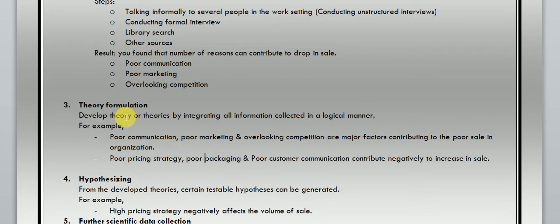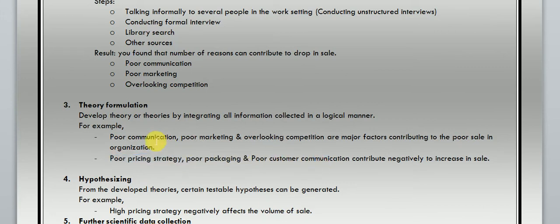So in the theory formulation, dear students, we are examining whether each and every independent variable makes sense with the dependent variable. Or is there any logical relationship, any link or association between these variables or not?